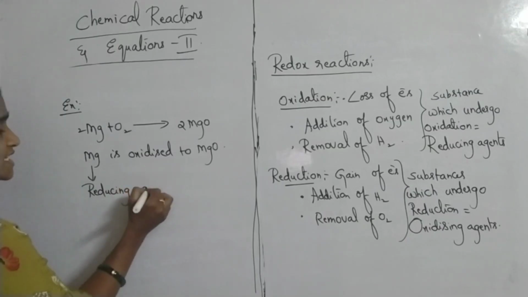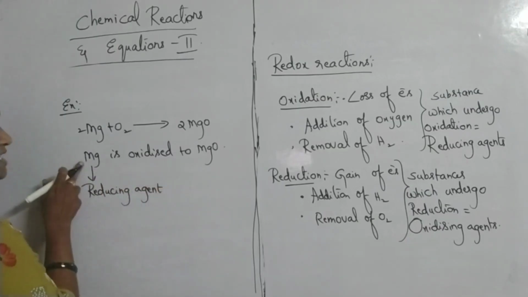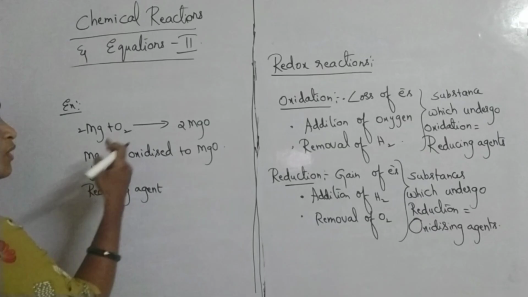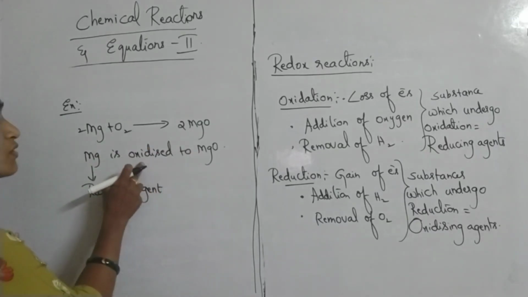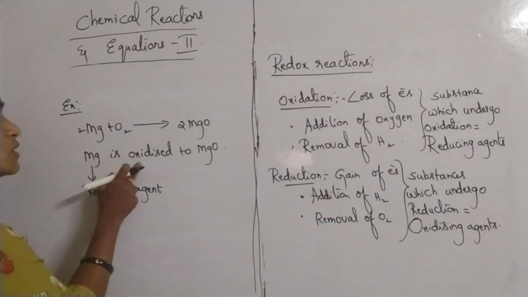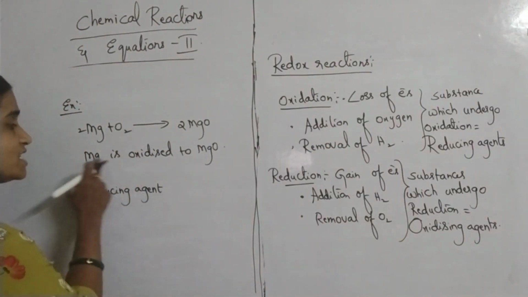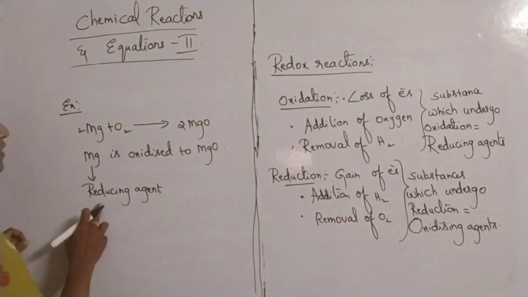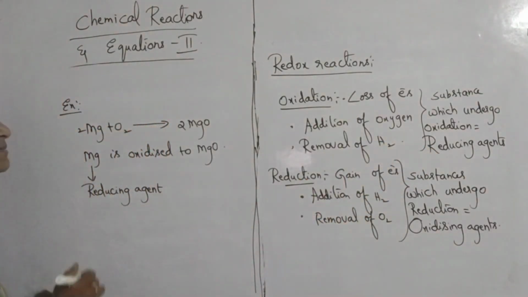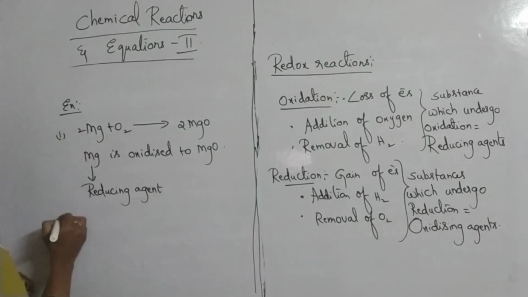Here what is oxidized? Magnesium is oxidized, to magnesium oxide. So the substance which undergoes oxidation, magnesium, is treated as what? Reducing agent. And that too, magnesium is a metal. You can take this as an example.